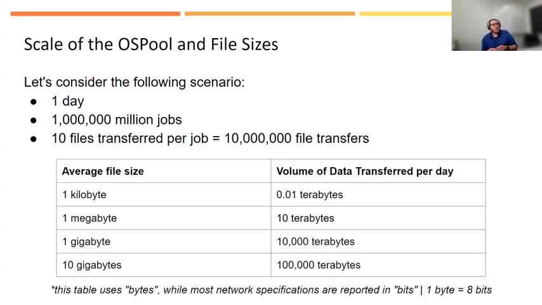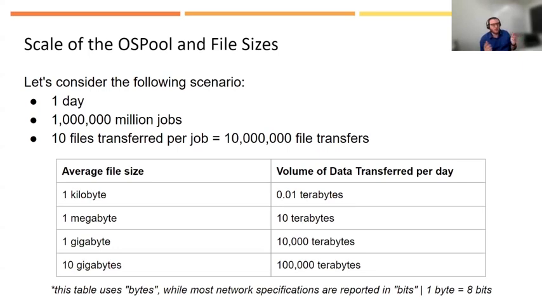If we think about the volume of data being transferred in this scenario, it depends on the average file size. Of course, every workflow is unique and this average file size is going to vary from day to day. But just throwing out some general units, if it's just 1 kilobyte per file, that's not a big deal.